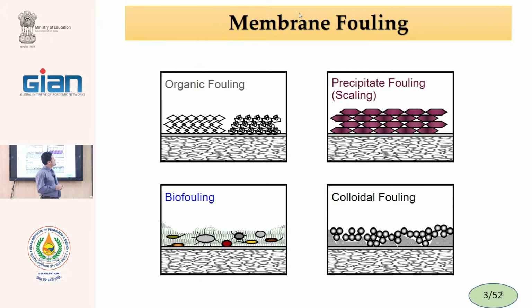fouling is sedimentation fouling, sediment fouling, precipitate fouling, which is named scaling. This type of fouling is named scaling and is important in RO, NF, MD, important in the desalination process.